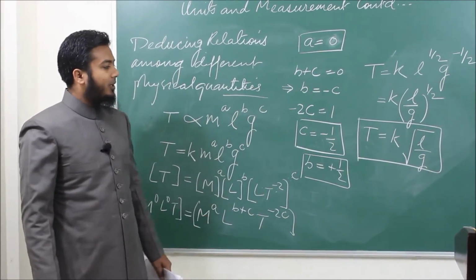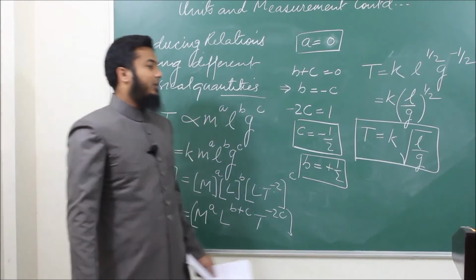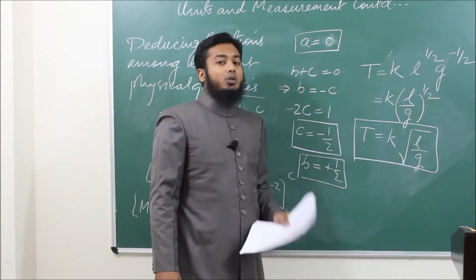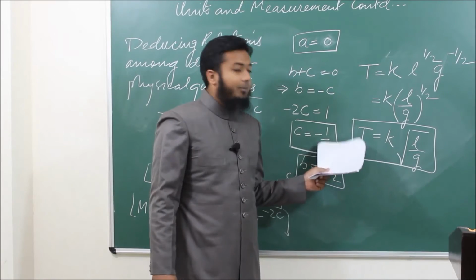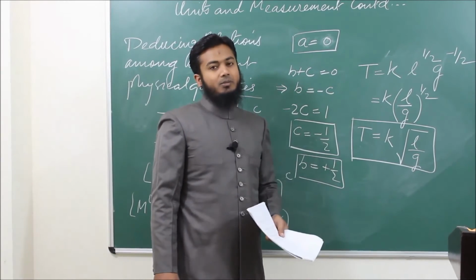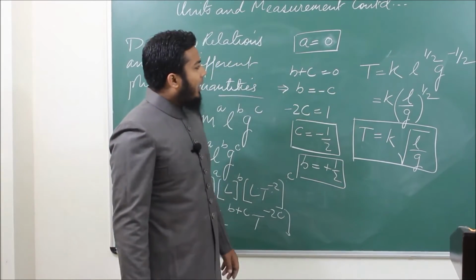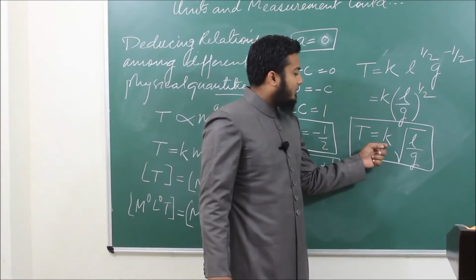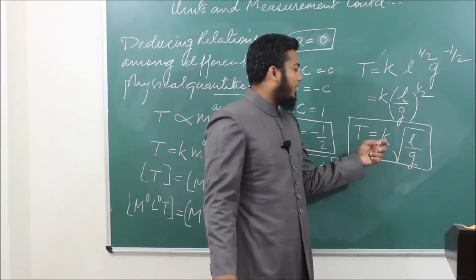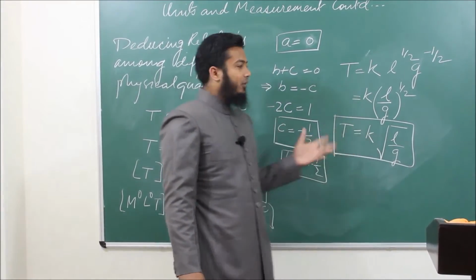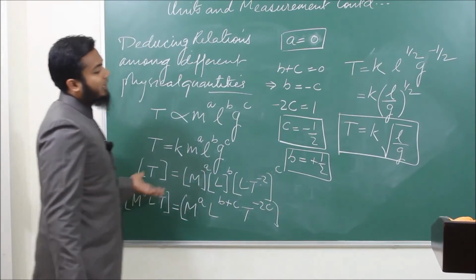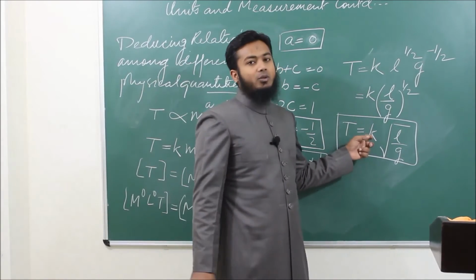L is length of the pendulum, g is gravitational constant, and you can see mass doesn't appear here. So we say that the time period of the simple pendulum does not depend on the mass of the bob. And you can notice one thing, that I cannot calculate the value of k here. We don't have any tool in our calculation to find the value of k.